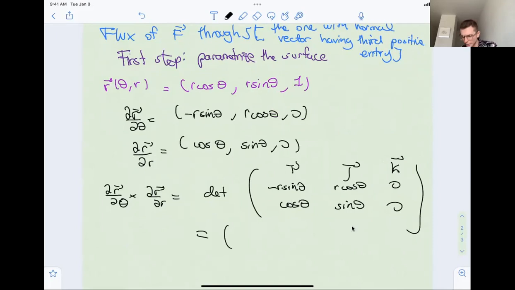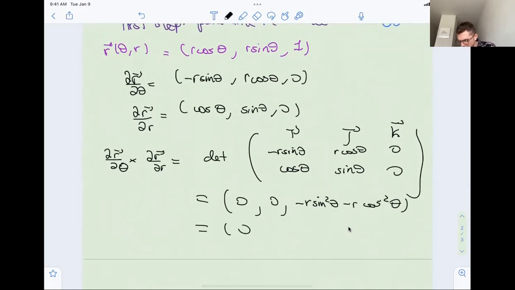You get 0 for the first entry, and you also get 0 for the second entry. And in the last one, you get minus r sine squared of theta minus r cosine squared of theta. And so you get 0, 0, negative r. So that's the cross product that you get here. So far, so good. Are there any questions about this?